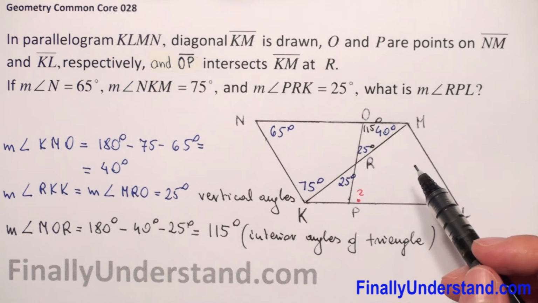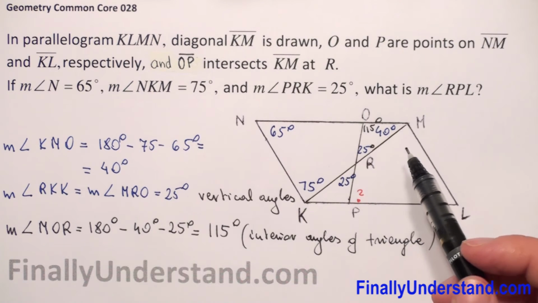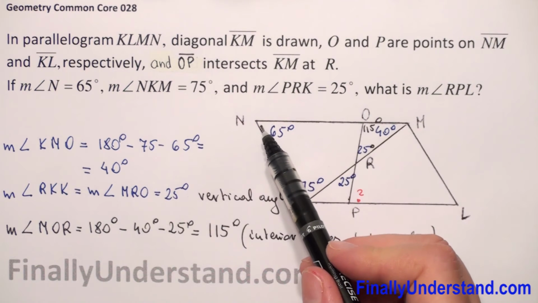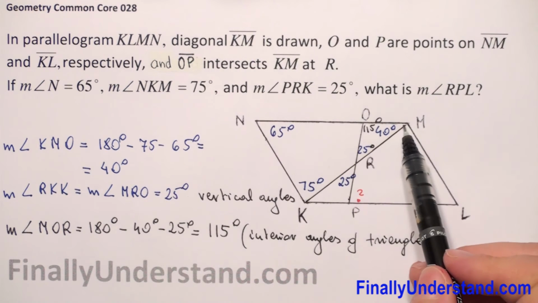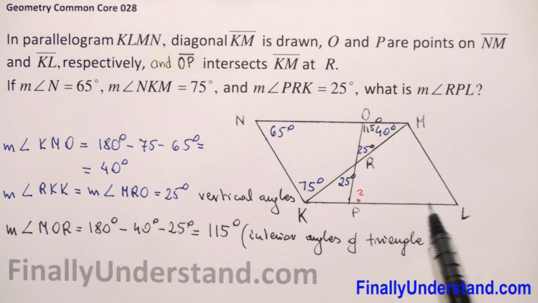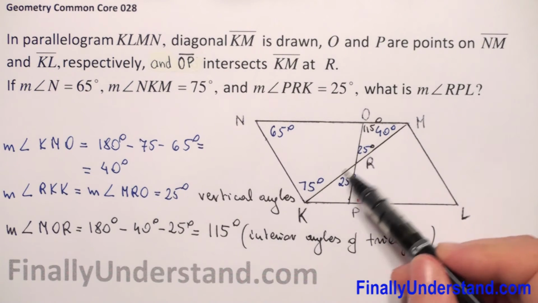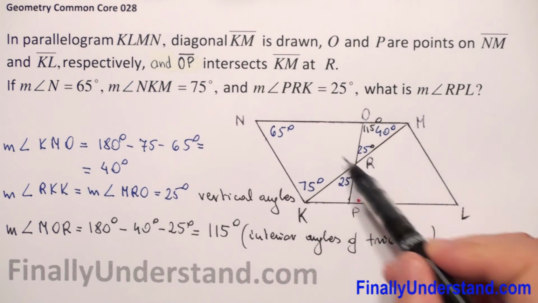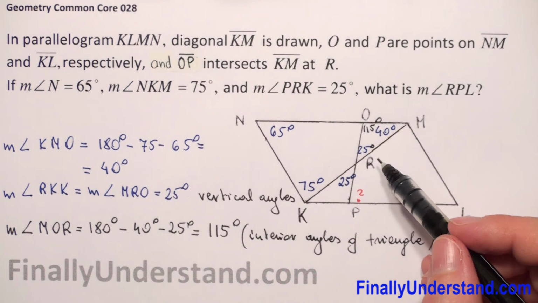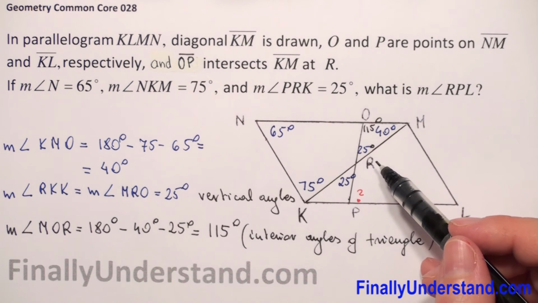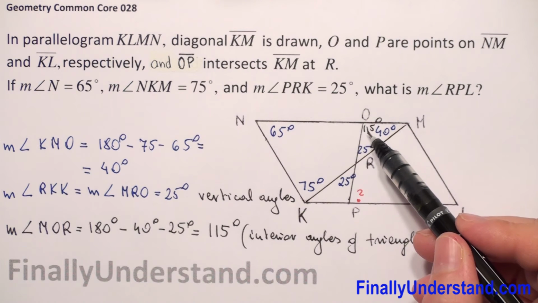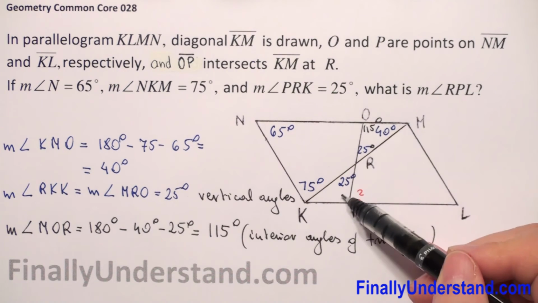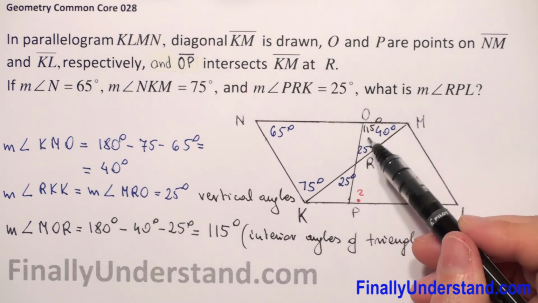And because we have here a parallelogram, the line MN is parallel to KL and diagonal KM is like a transversal to these two parallel sides. So the two alternate interior angles are congruent.